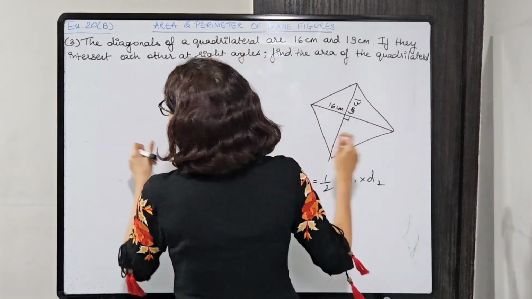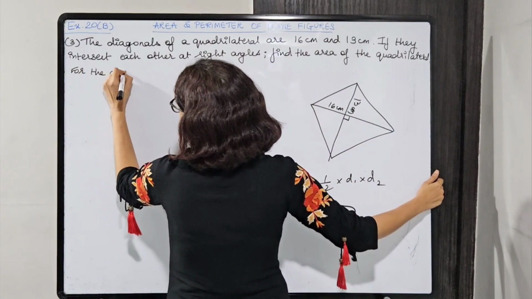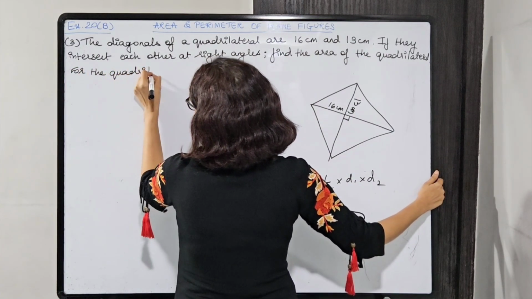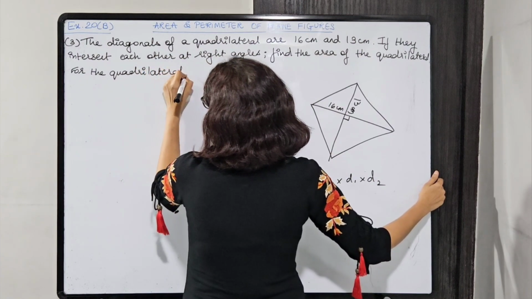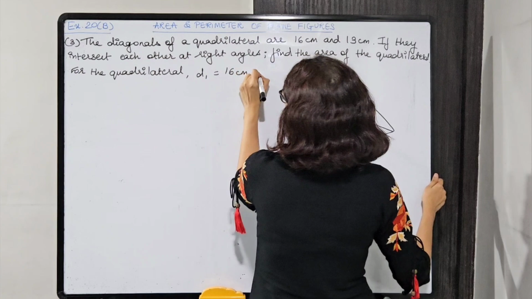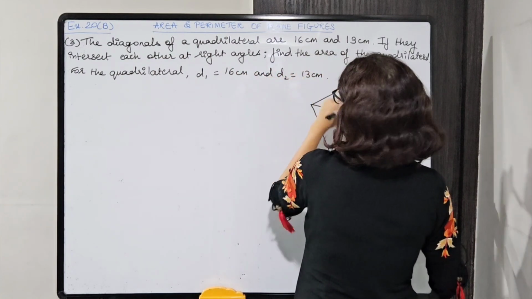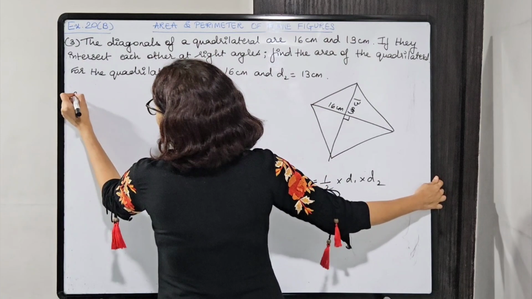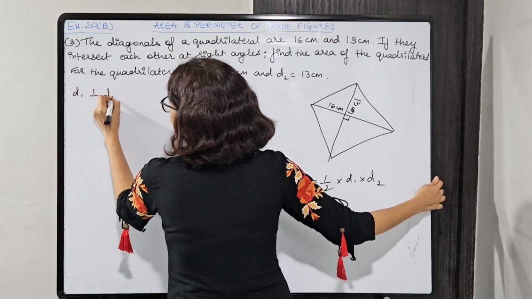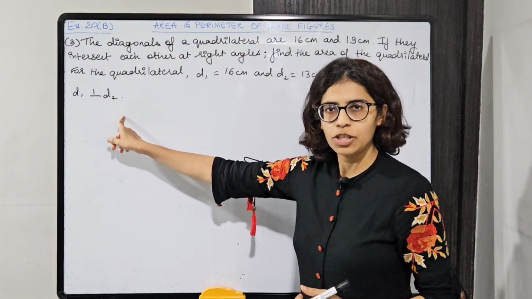पहले given लिखो. For the quadrilateral, D1 is 16 centimeter and D2 is 13 centimeter. Okay, write down D1 is perpendicular to D2. They intersect at right angles, so they are perpendicular to each other.